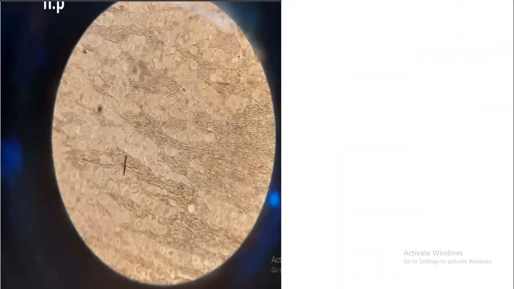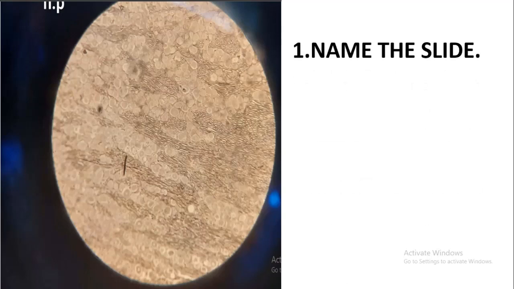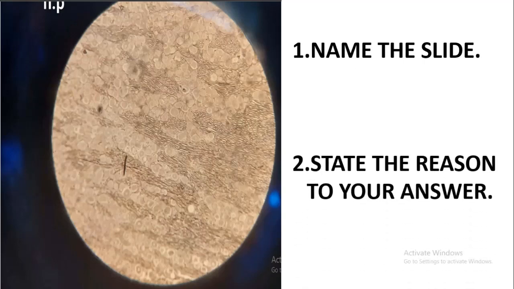This is a slide which you will see in your lab, and the first question is, name the slide, of which I'm sure everyone is able to tell that this is the sensory ganglion. Then state the reason for your answer. You can easily say numerous nerve bodies.